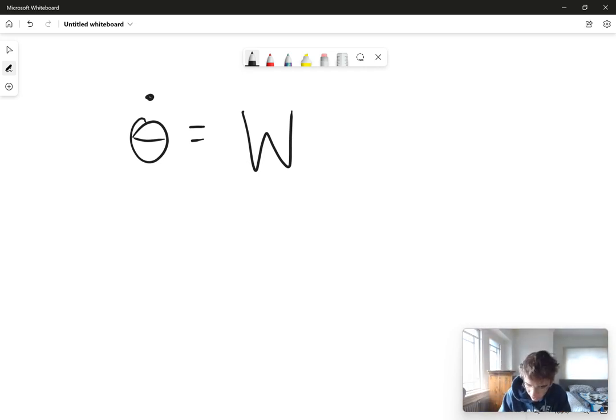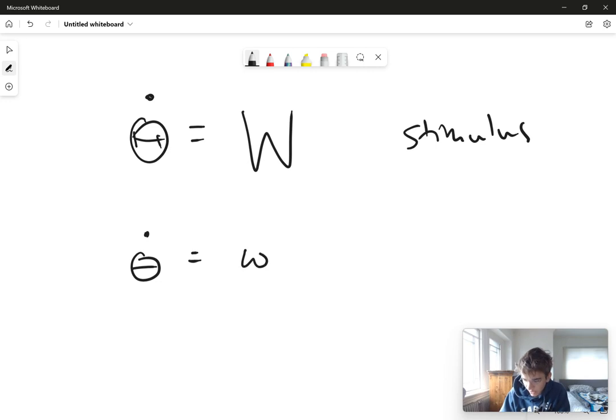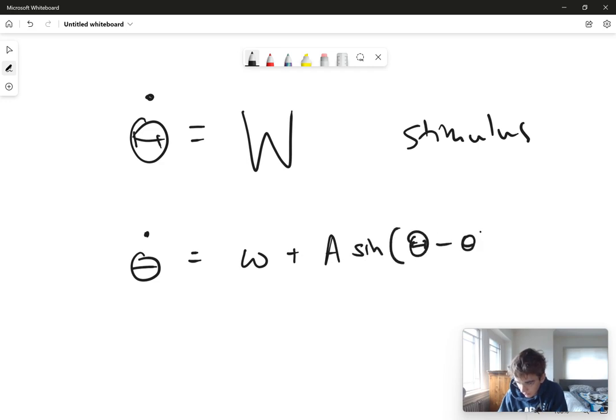So if I look at, let's call this capital theta dot, this is the stimulus, and then little theta dot is equal to the natural frequency, the firefly's flashing frequency. So I'm going to take their natural frequency, and then I'm going to add an A sine of big omega minus little omega.